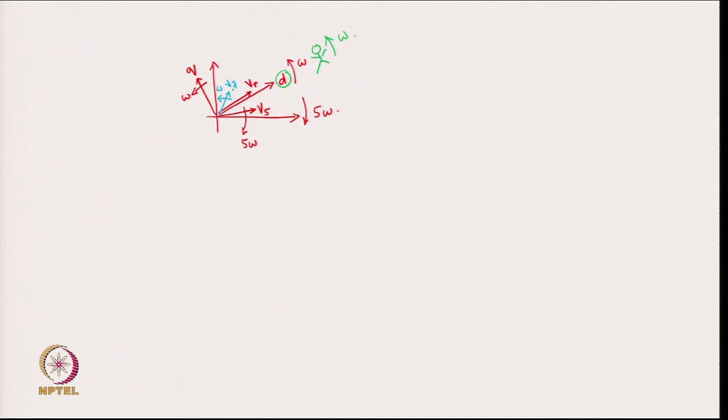You will see the seventh harmonic to be rotating at 6 omega speed, because the seventh harmonic is rotating in this direction at 7 omega, and you are also rotating at omega speed. So, this is the d axis on which you are standing, and then there is a seventh harmonic vector which is also rotating at 7 omega. So, the differential speed between you is 6 omega.